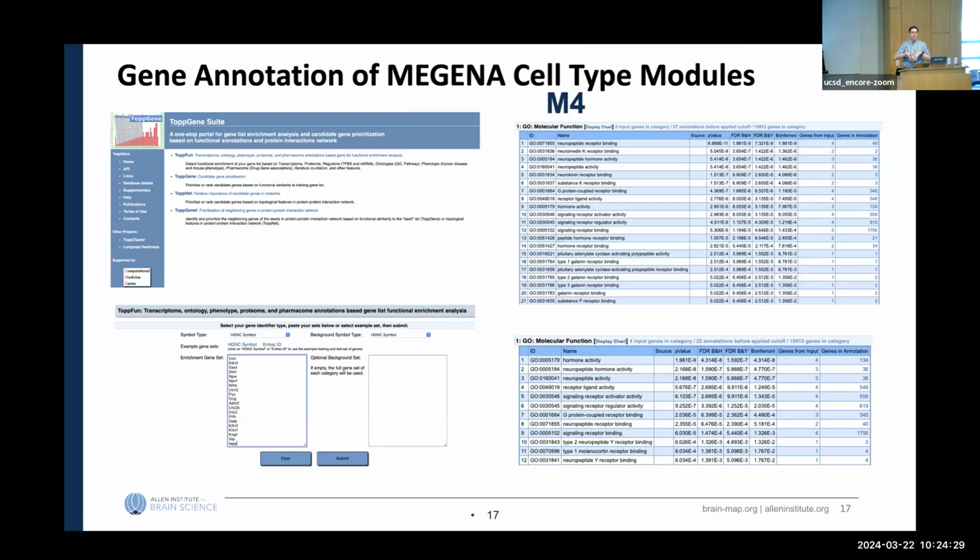And then you are basically doing a hypergeometric statistical test that asks how overrepresented a set of genes is. If I give you a set of genes and I have a given term in the GO ontology, how overrepresented is that set of genes? For example, something like neuropeptide receptor binding. We know from all kinds of studies which genes are involved, to the best of our knowledge, in neuropeptide receptor binding.